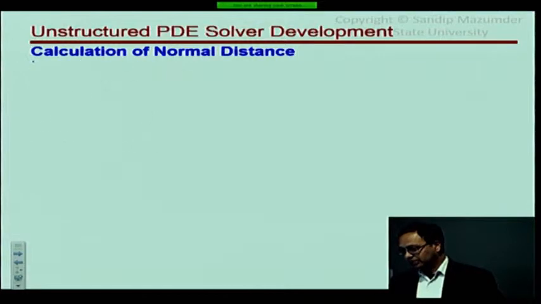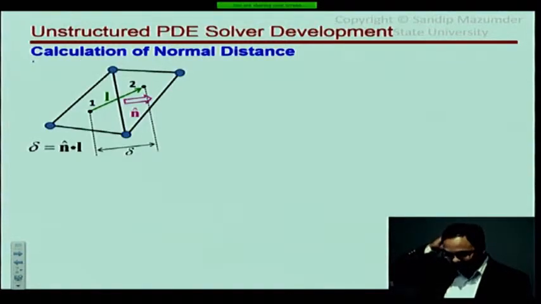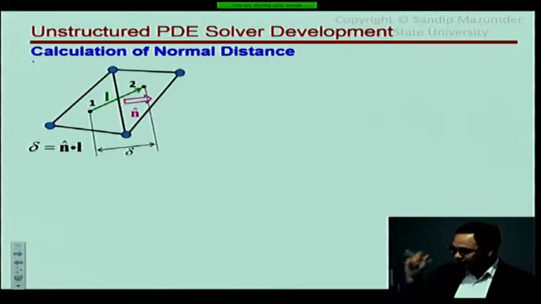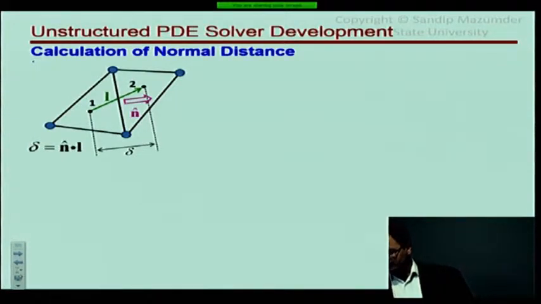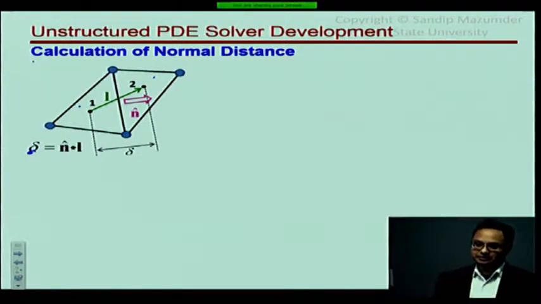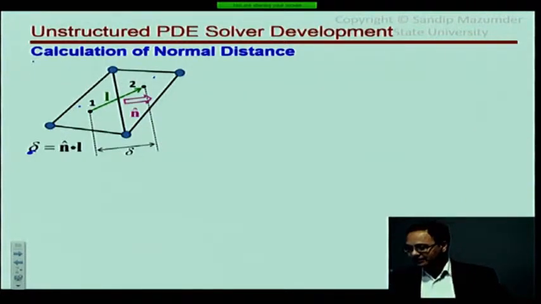Another quantity we often need, and this is something that you will see when we actually get to the finite volume formulation, is this quantity called delta. This delta is, if I take two cells, suppose 1 and 2, I've numbered them, and I draw a vector joining the two cell centers. That's the vector L in green. So if I take n dot L, you can see that n dot L is nothing but this distance.